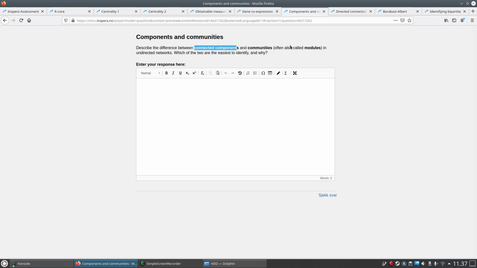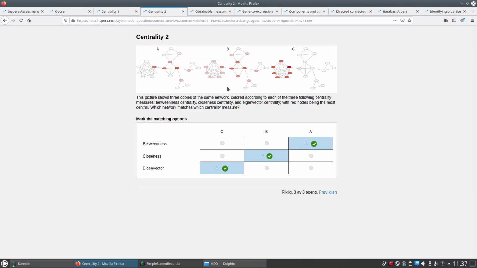For a community, this is not necessarily the case. For instance, if we return to this, we can say that these different groupings here constitute different communities, but if you were to add, say, an edge from here to here, that wouldn't necessarily change a great deal in terms of the topology of the network.